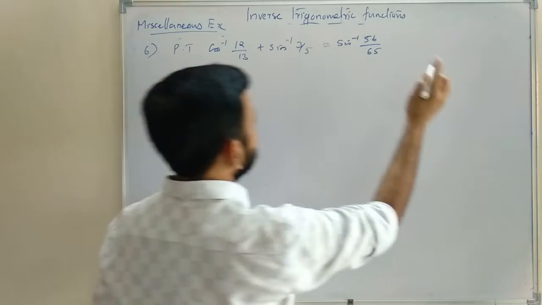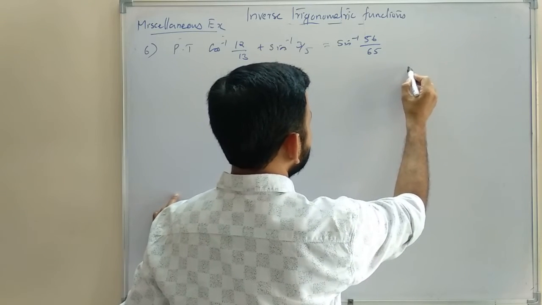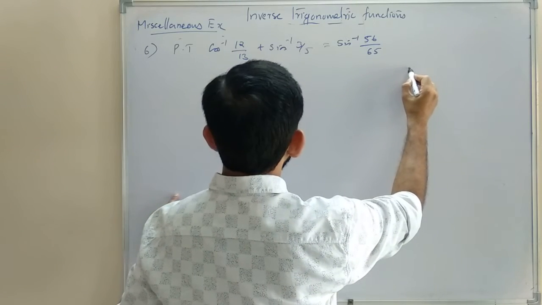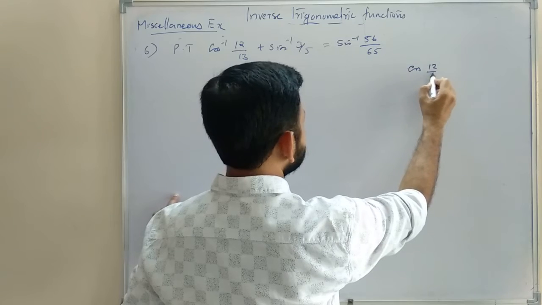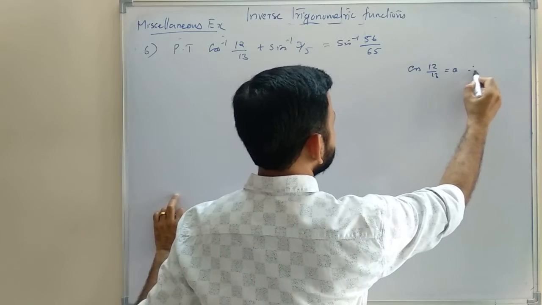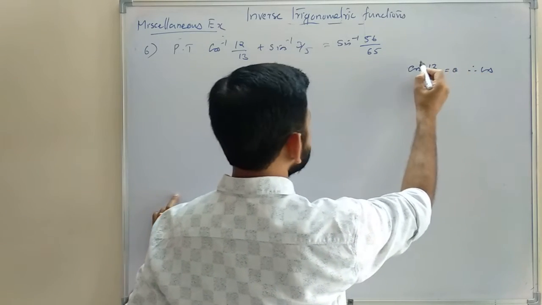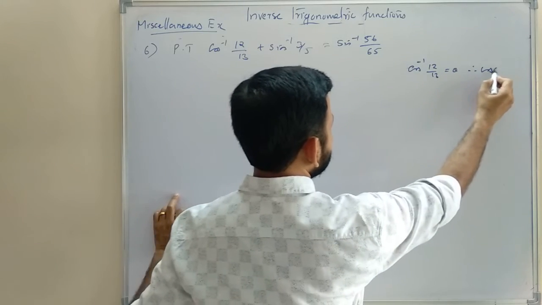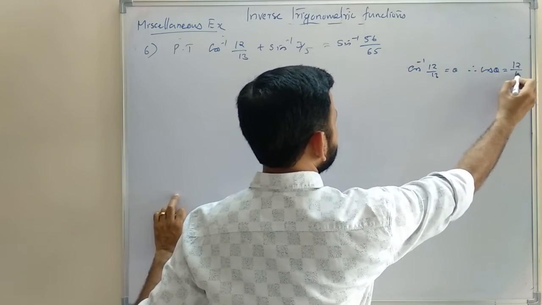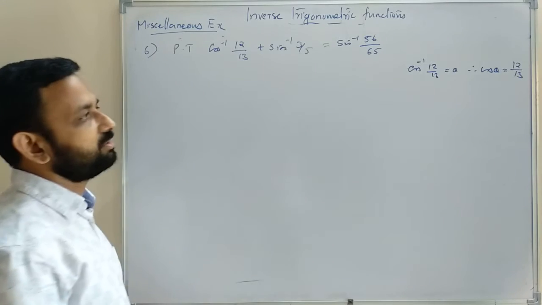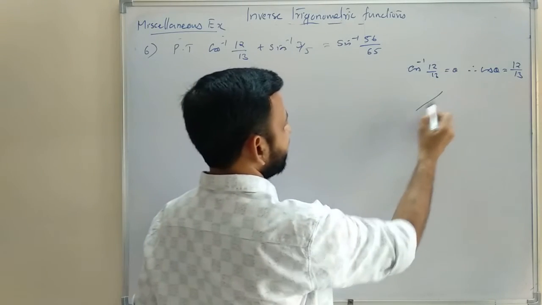So cos inverse 12 by 13 is equal to theta. Therefore cos theta is equal to 12 by 13. We will draw a right triangle.